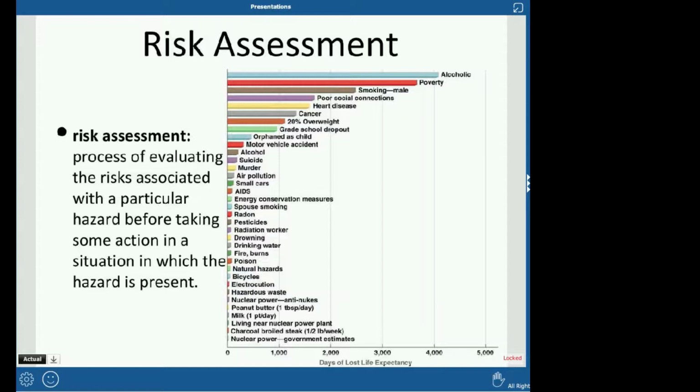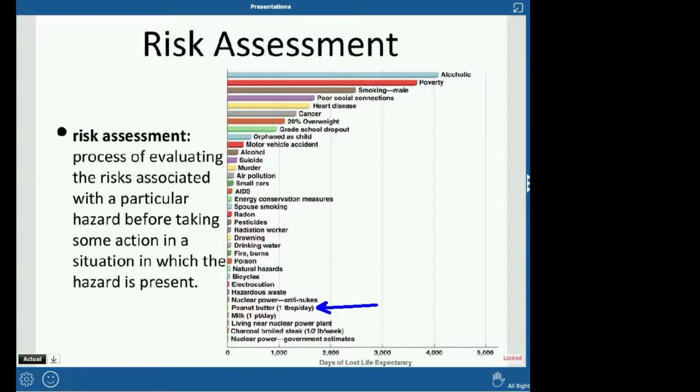I think it's always funny to look at this chart where they say peanut butter. Basically, if you eat too much peanut butter, you can get cancer or whatever, and it'll reduce your life expectancy. But you see, peanut butter is on the list, but it's way down there, right? You're more likely to die from a bicycle than from peanut butter.